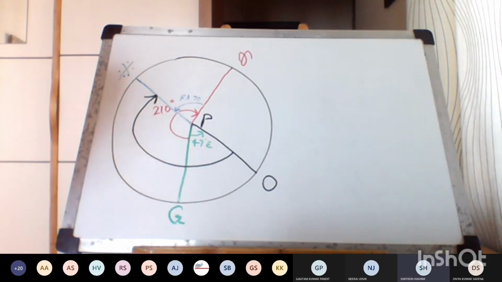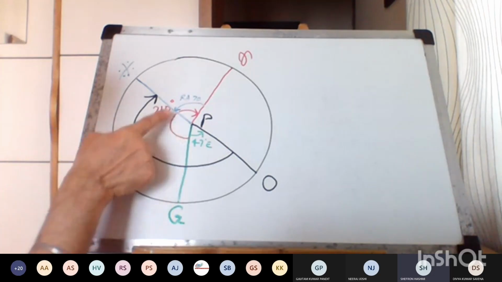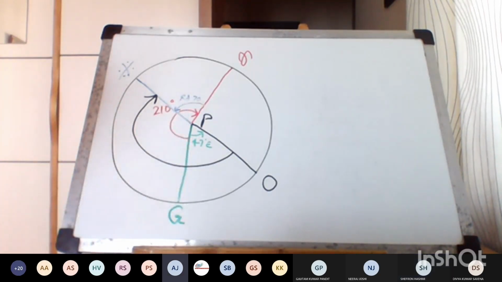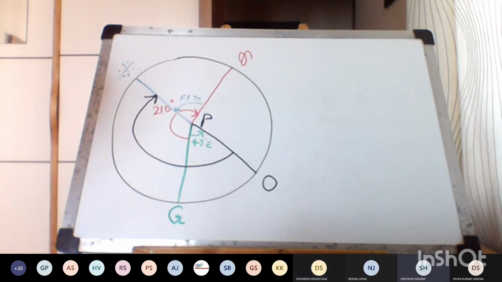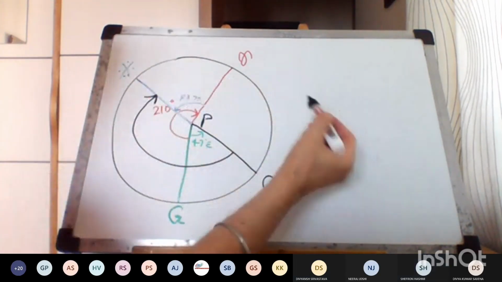GHA Aries minus right ascension. LHA star equals GHA of star plus observer longitude. We will get GHA of star by subtracting right ascension from GHA of Aries.